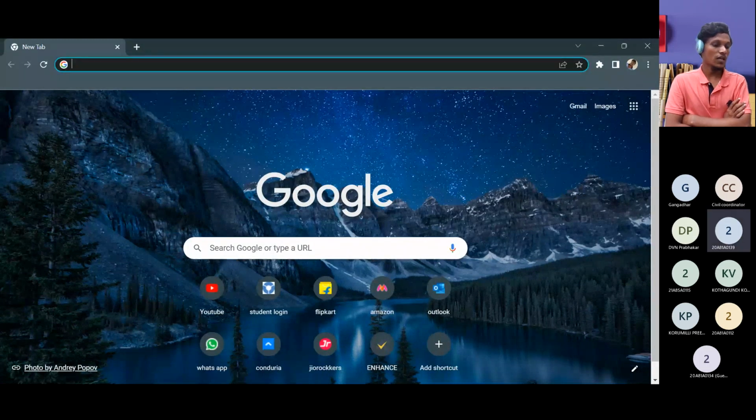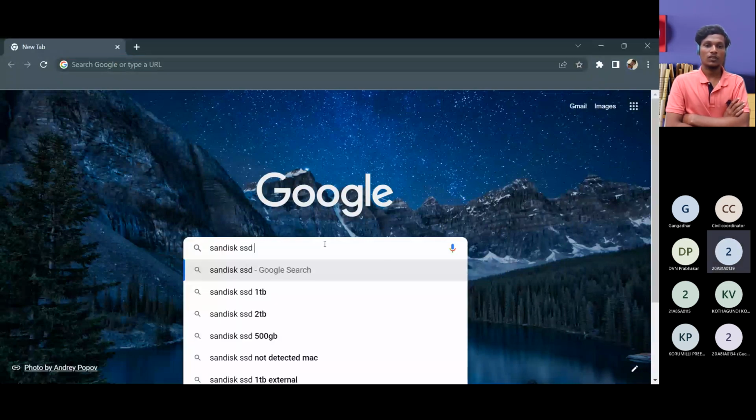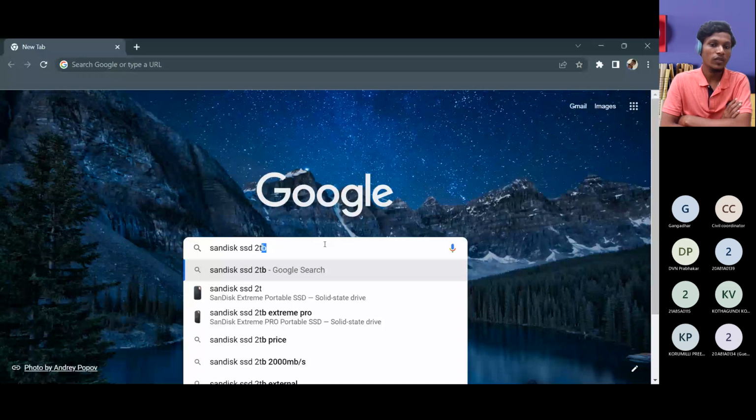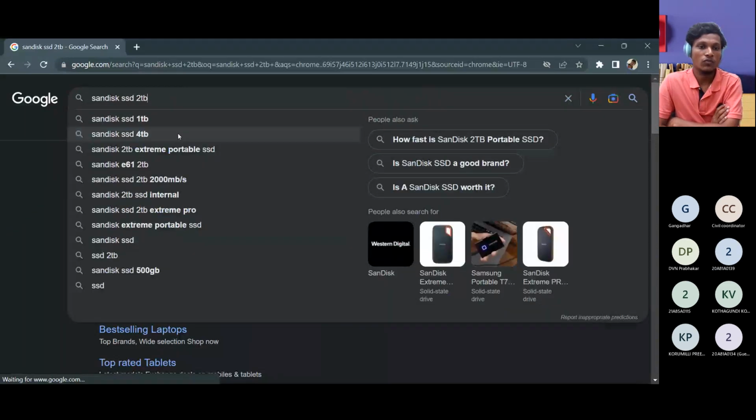So can you search for this SanDisk SSD 2 TB? SanDisk SSD 2 TB external Pro, Extreme Pro. So what is the price of it?